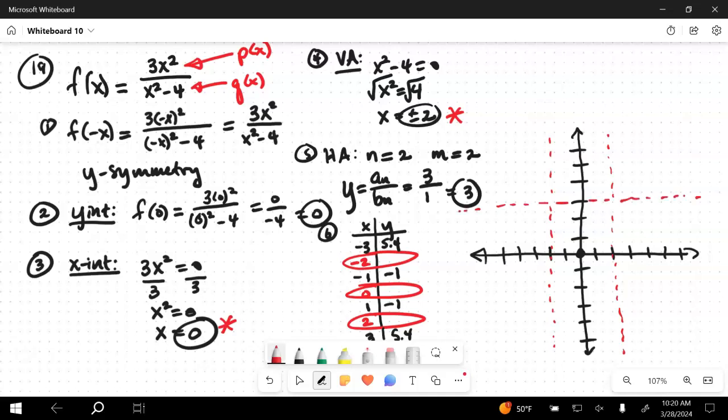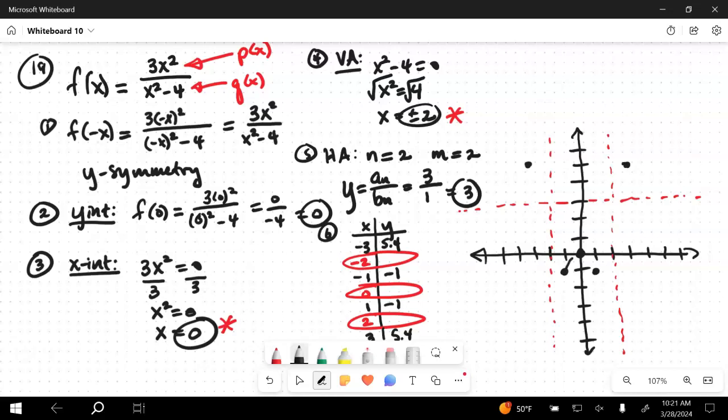Okay, now we're going to put in our points. I know that at -3, we're going to have a point at 5.4. So about here. Same point exists at positive 3 on the other side. And then at -1 and +1, we're going to go down to -1.